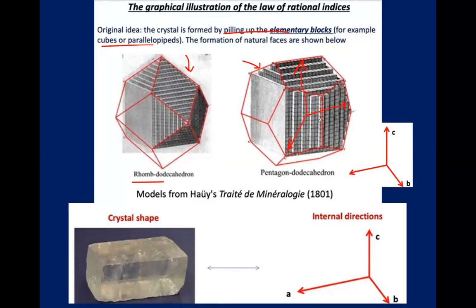That means when you project each axis in three-dimensional space, they cut these faces at the same distance. If this distance is a, you should observe the other axis also cutting its face at the same distance. So these are the properties.